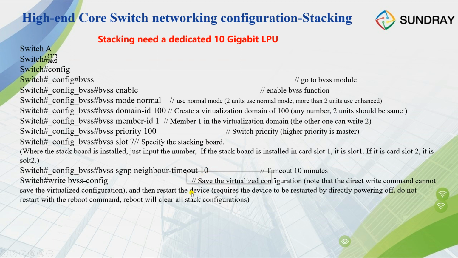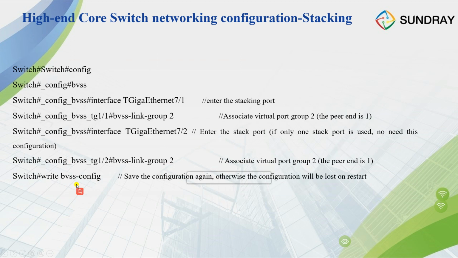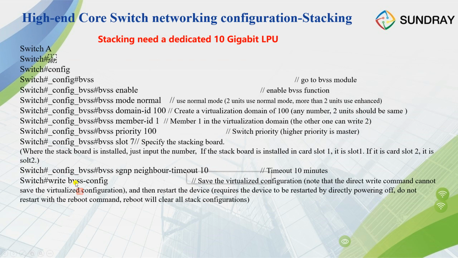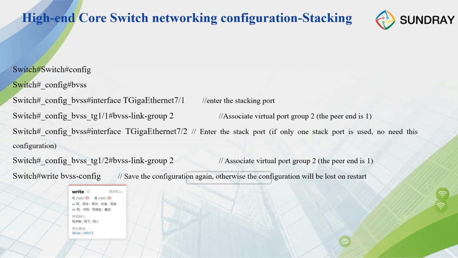After this, you need to save it with the write BSS configuration command. You need to save with this command, because if you just write normally, after you reboot the switch your configuration will not be saved. After you save, you restart the device and wait for it to reboot.